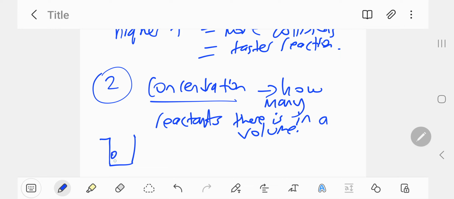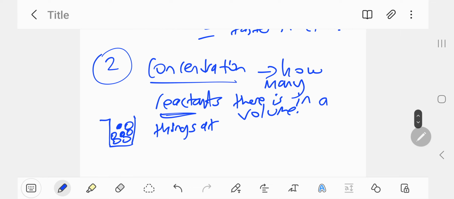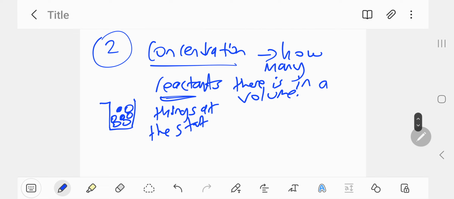It's basically how many particles, how many molecules of anything I've got initially. Reactants means things at the start. They react. That's where the word reaction comes from. Two things, reactants, react together to form something else. Things at the start, in this case, are molecules. They could be atoms by themselves, could be other particles.